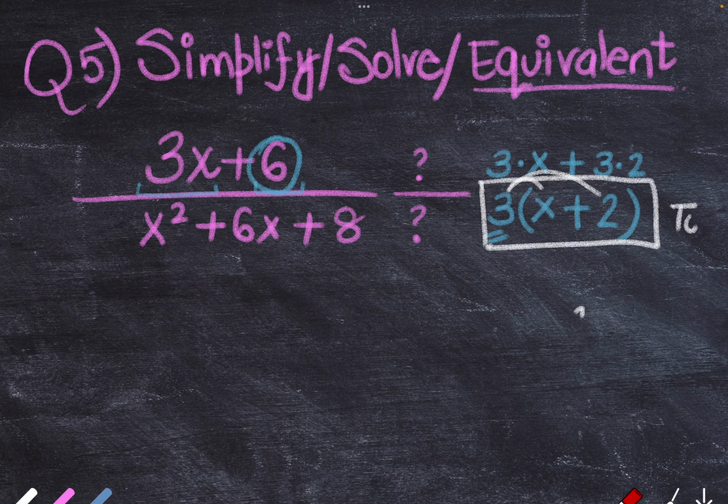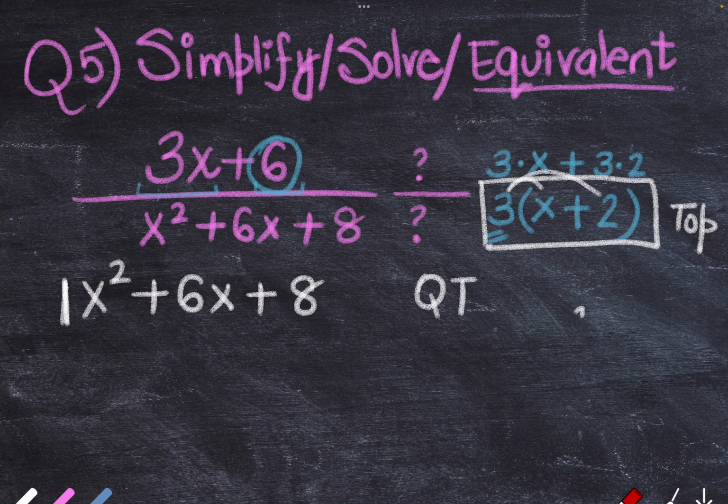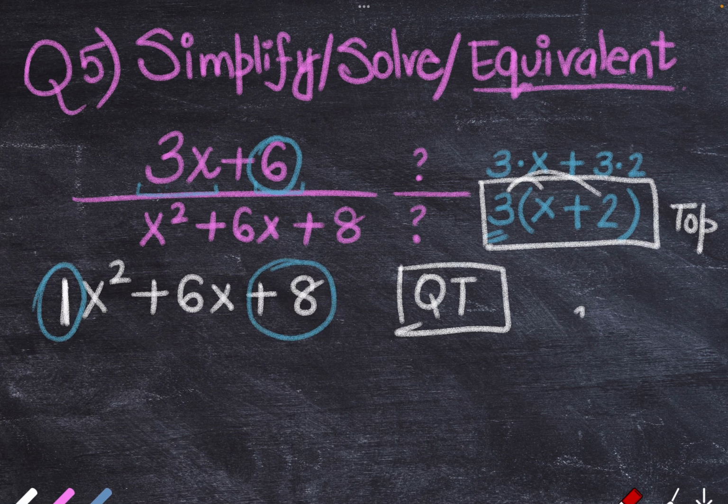So this is the factor of the top part. Now I need to factorize the bottom part. Remember, in the previous questions, we had a question like this, which was a quadratic trinomial. The strategy is that I'll multiply the first number and the last number. So 1 times 8 is 8.